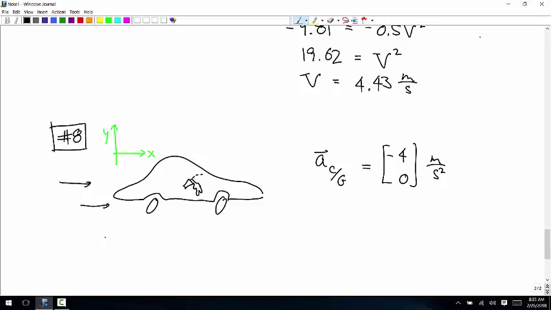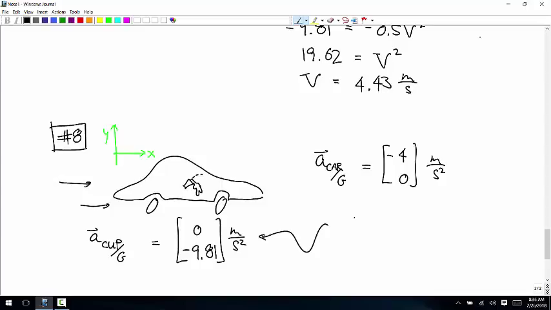Car and coffee cup both start with C. So this is the acceleration of the car relative to the ground. What's the acceleration of the cup relative to the ground? That's right. It's 0, negative 9.81, because the cup's in free fall.